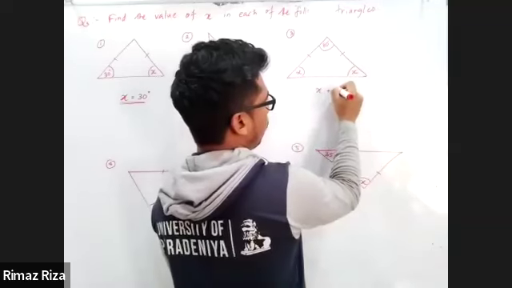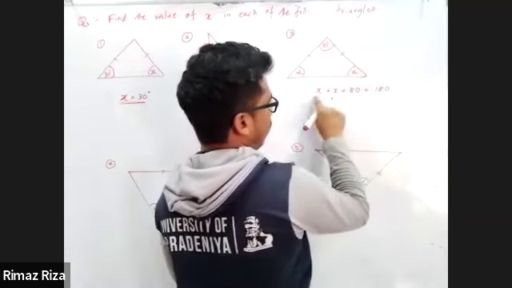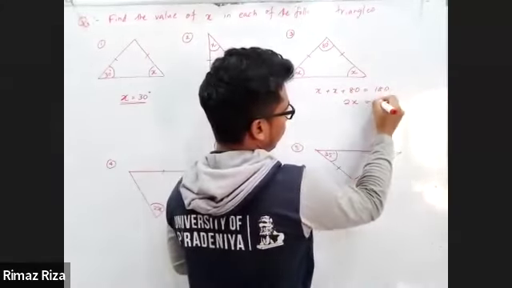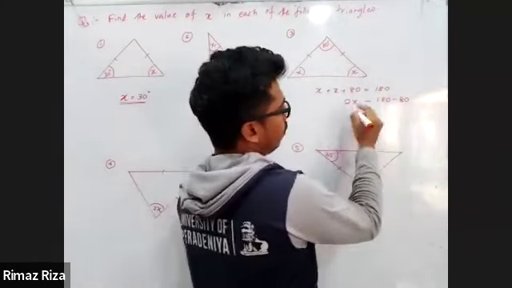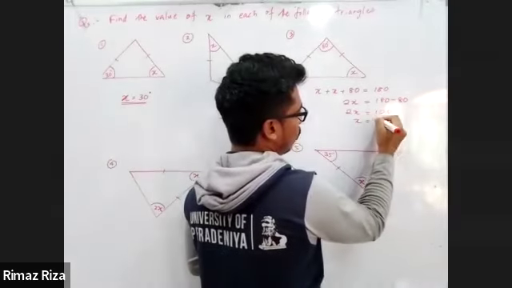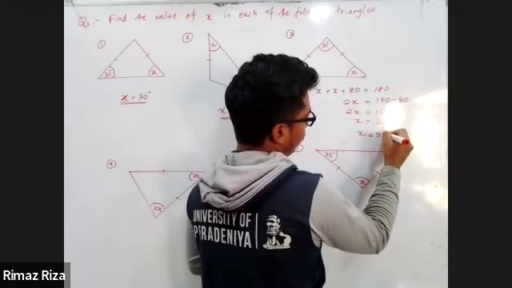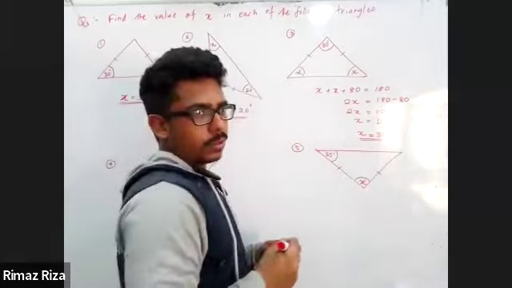So x plus x plus 80 equals 180. X plus x is 2x. I take this 80 to the other side, so 180 minus 80. So 2x equals 100. Therefore, x equals 100 divided by 2. X equals 50 degrees. Yusuf, understood?